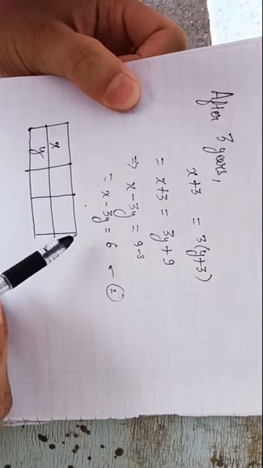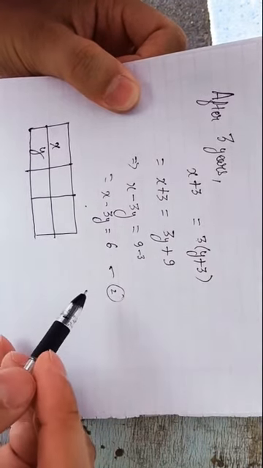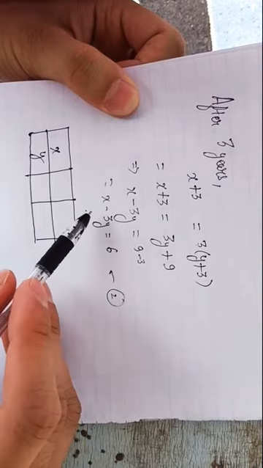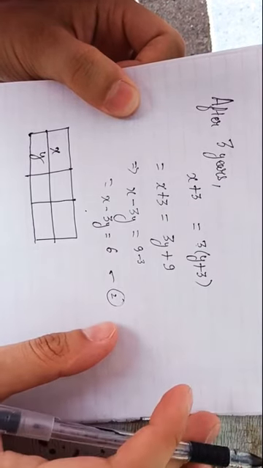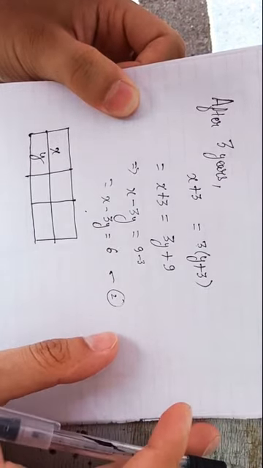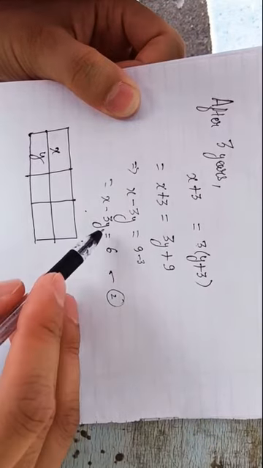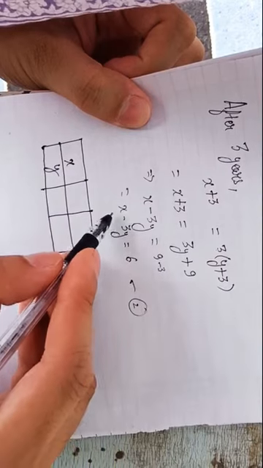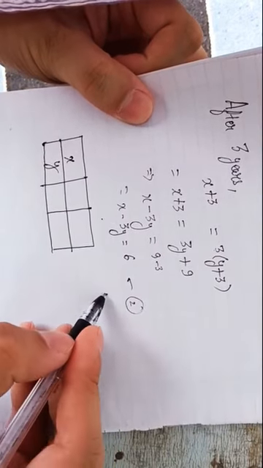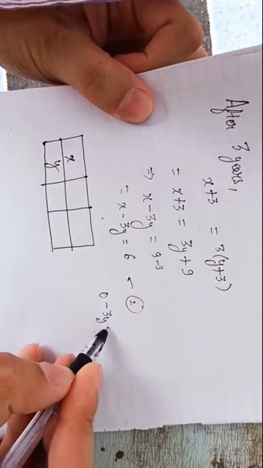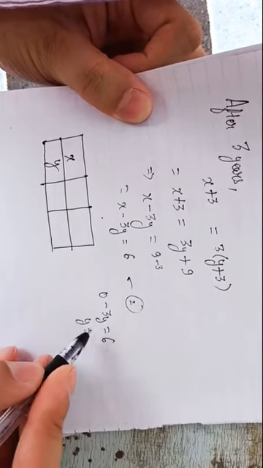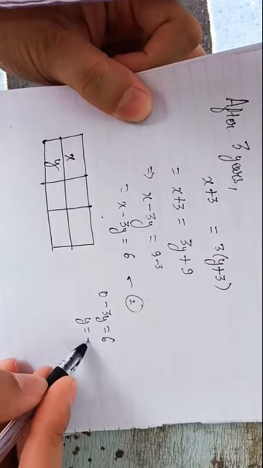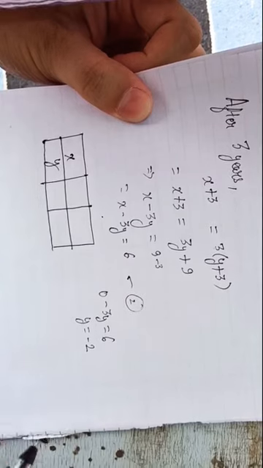Suppose we take x as 0, then suppose I write 0 in place of x, so 0 minus 3y equal to 6. Y will be equal to what? 6 divided by minus 3, that means minus 2.